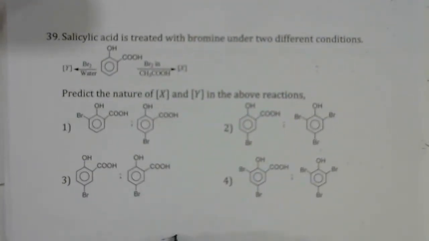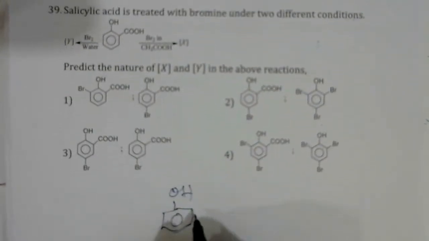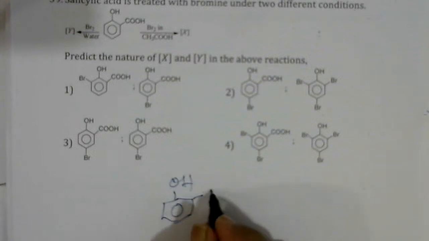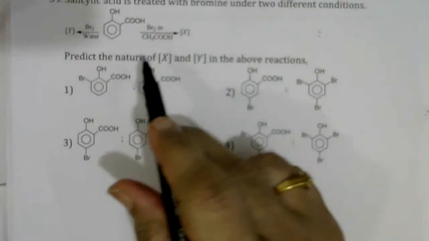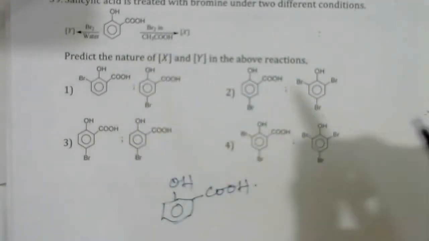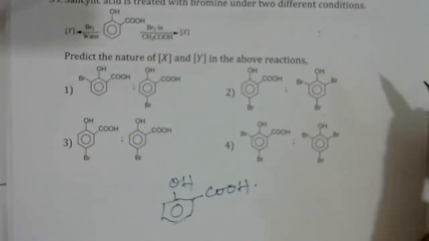Orthohydroxybenzoic acid, that is salicylic acid. When salicylic acid reacts with bromine in two different ways, one they have given bromine water, and the second bromine in acetic acid. They are asking which will be the probable answer.